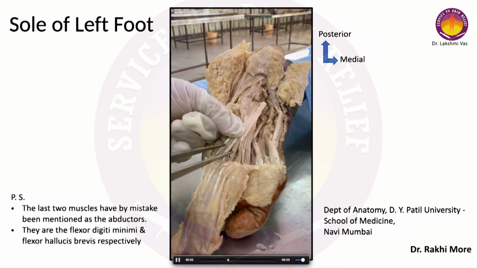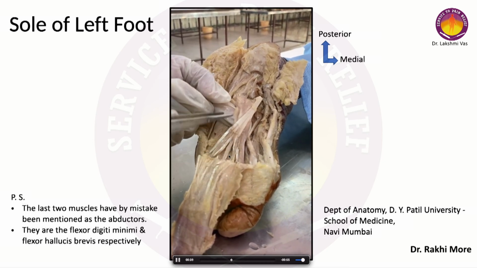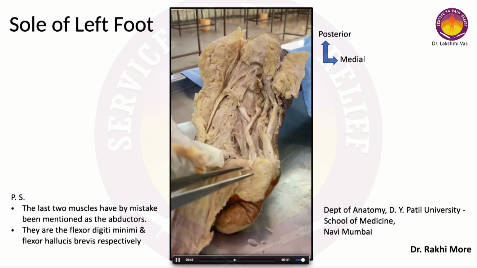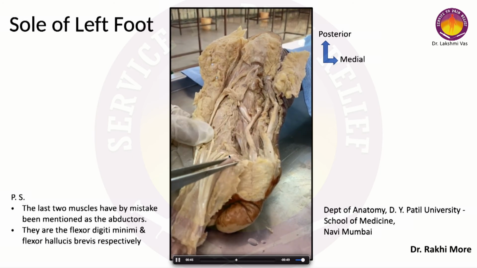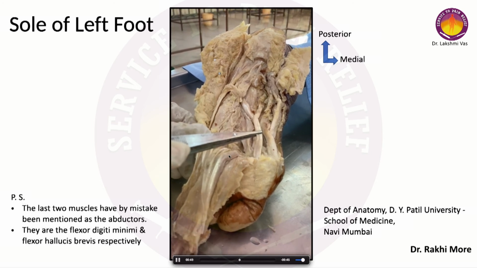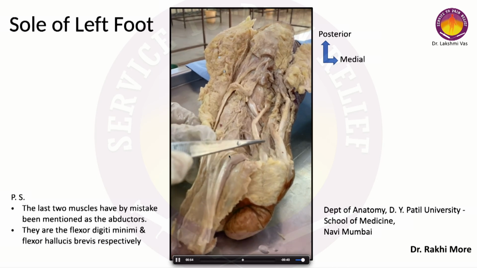Deeper to this is this layer, which is the flexor digitorum longus and the quadratus plantae muscle. Once we reflect this, we come to the deeper layer where we see the flexor hallucis longus and the adductor hallucis.